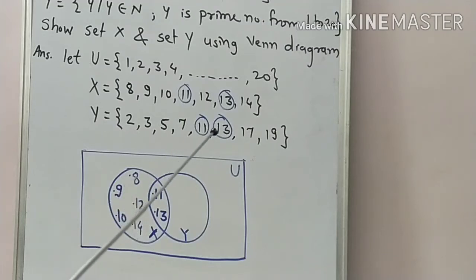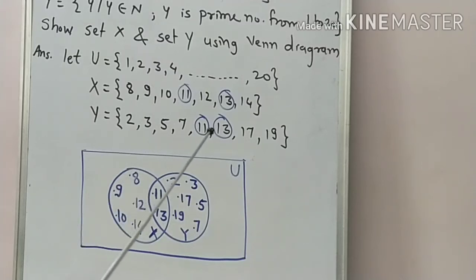So similarly, what do we write? Yes, the remaining elements of set Y over here. So here we write the remaining numbers: 2, 3, 5, 7, and 11 and 13 in the common part, which are also in Y, and the remaining 17 and 19 over here. Okay, students?